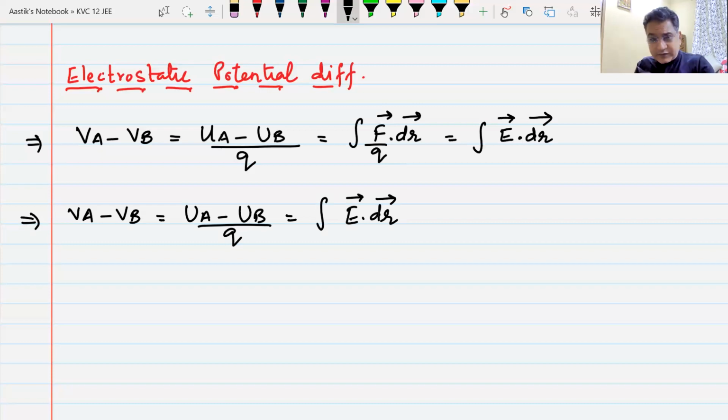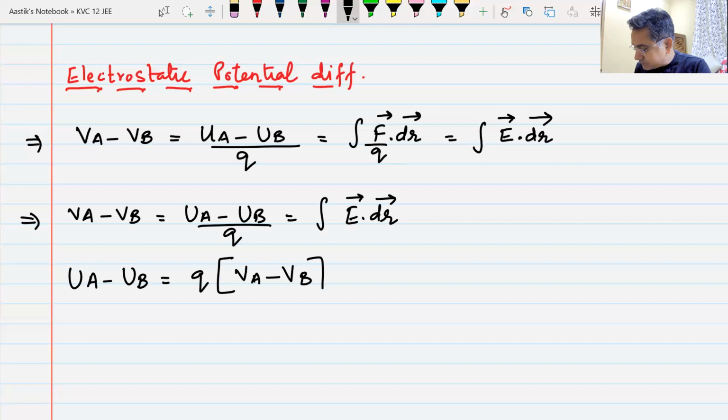I can write this formula in the reverse order as well. If I have to find out the difference in energies between 2 points, what do I do? I multiply this charge by VA minus VB. Yes or no? Electrostatic potential difference, or electric potential difference.